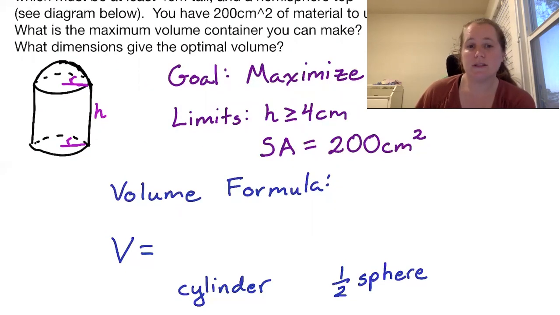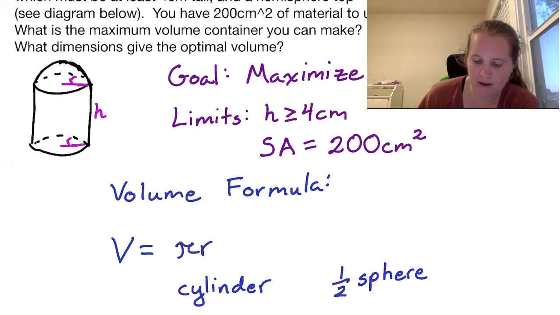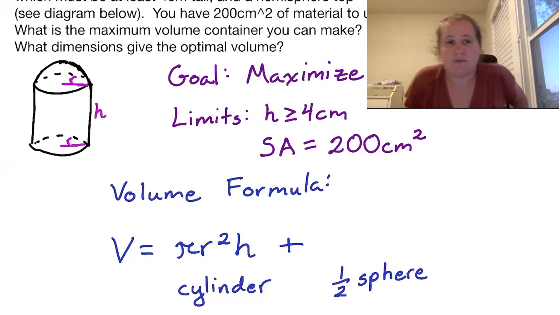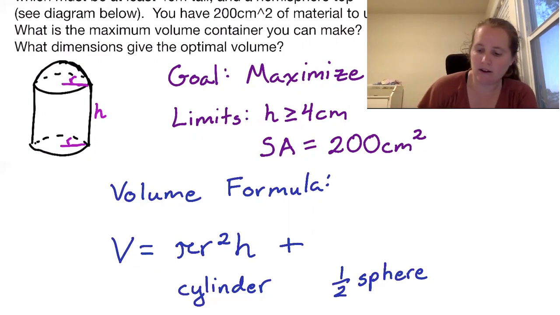So the volume of the cylinder is the area of the base, which is pi r squared, times the height. So we have pi r squared h. Then we are going to add the volume of half of a sphere with still radius r.